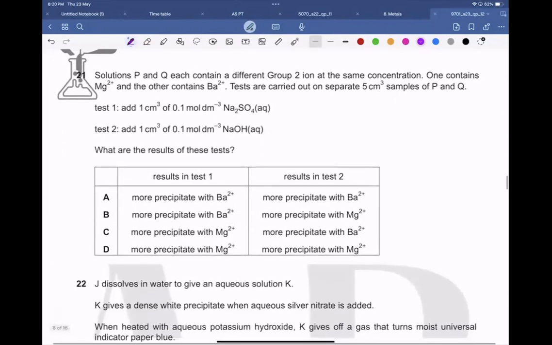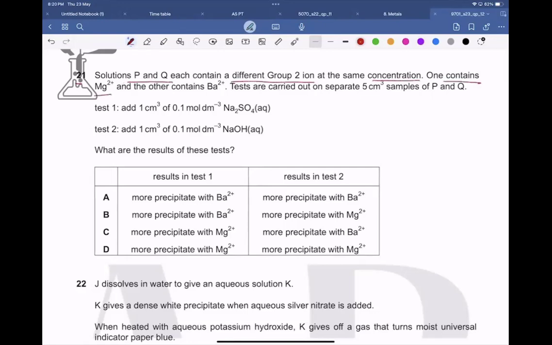Now question number 21. Solution P and Q each contain a different group 2 ion at the same concentration.